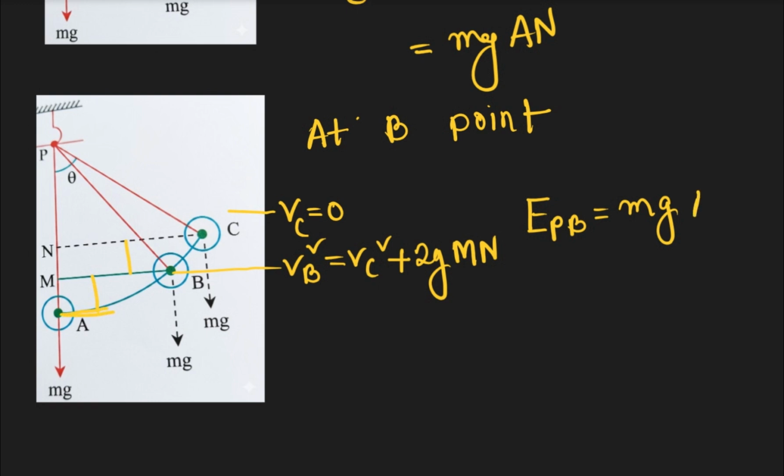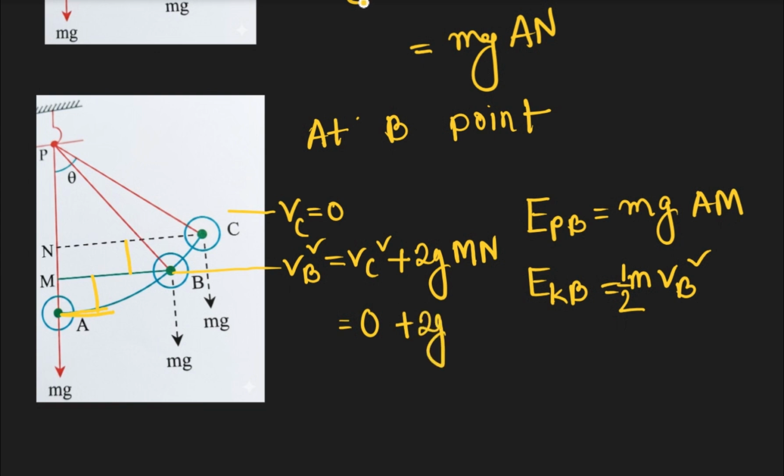So we write here AM, and the kinetic energy EKB equals half m Vb squared. Since Vc is 0, we can write 2g MN.